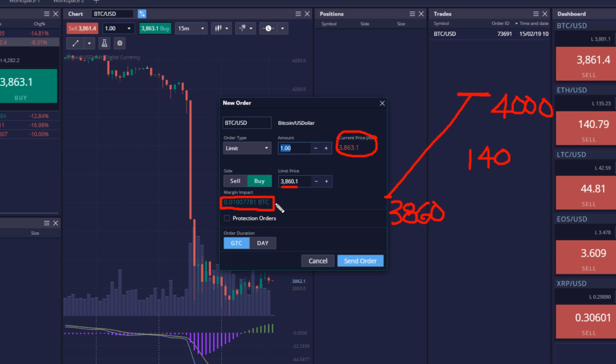And you're only leveraging 0.01, which is $38. So your initial margin is $38.60, and on a 140-point move of Bitcoin versus the US dollar, you're able to make $140 out of that.